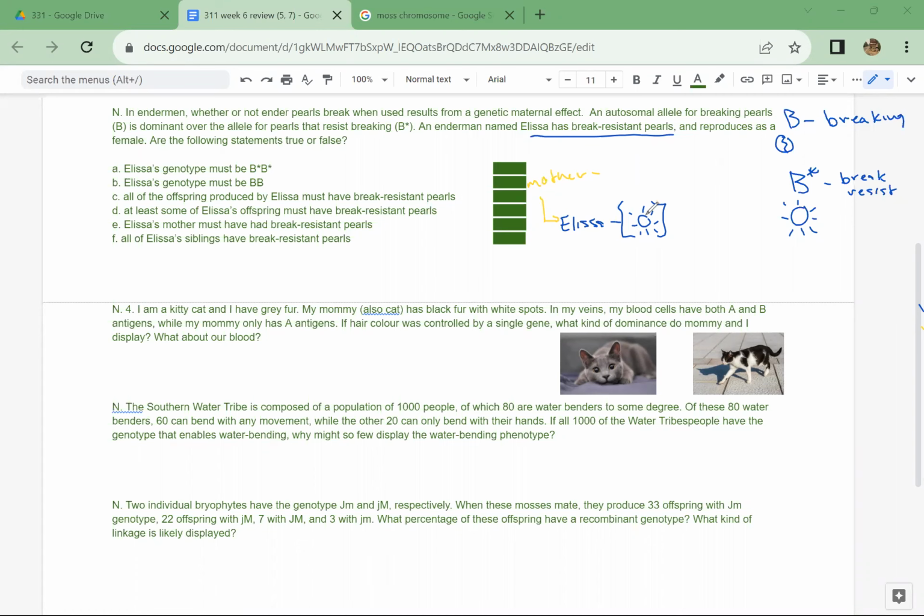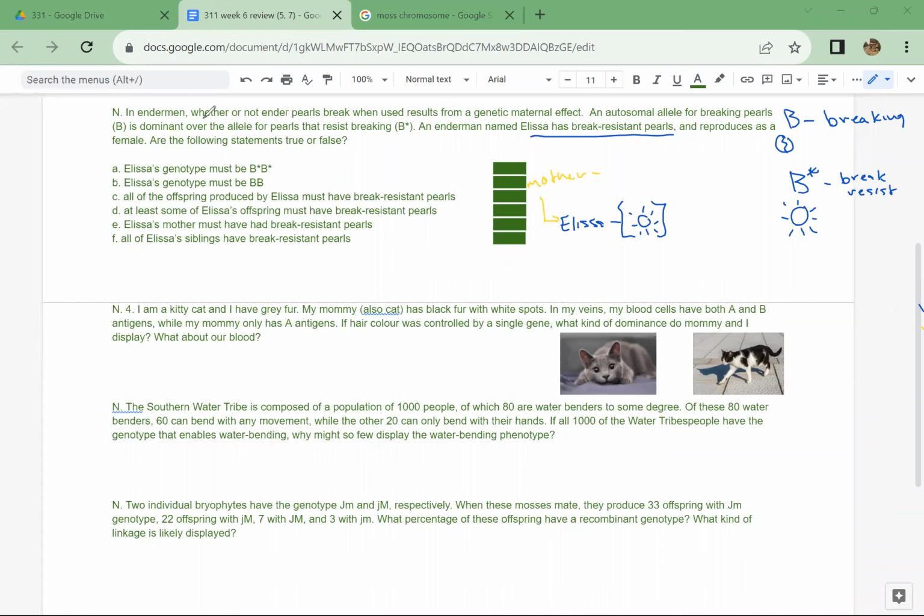So we know Elisa has a specific phenotype. What kind of genotype corresponds to that phenotype? What could Elisa's mother's genotype have been in order to pass on that information and be expressed in Elisa as Elisa's phenotype? We know that break-resistant pearls are recessive to the dominant breaking pearls.